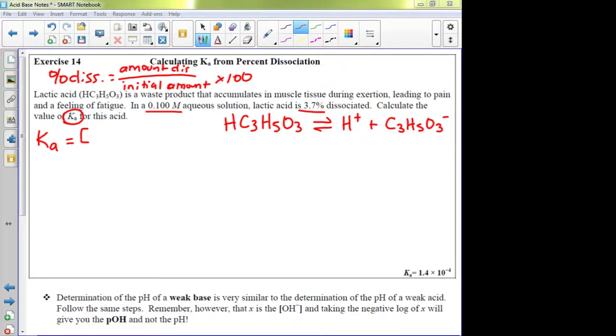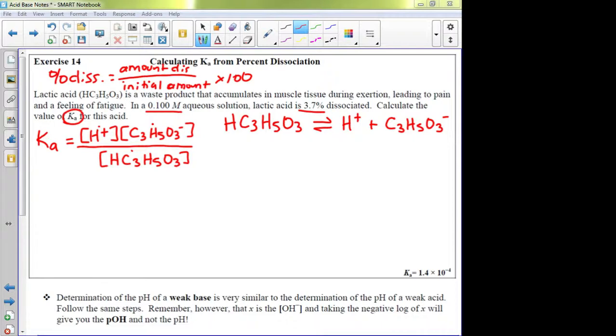So it should look like the concentration of H positive times the concentration of C3H5O3 negative divided by the concentration of HC3H5O3. So I need to know the concentrations of all three of these at equilibrium before I can find Ka, correct? Yes. Right.